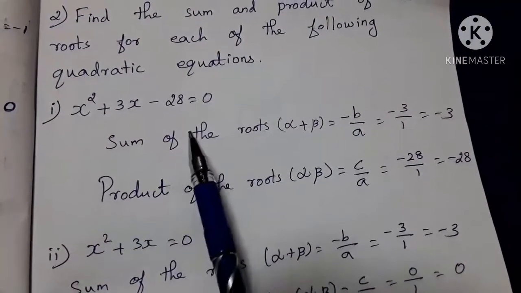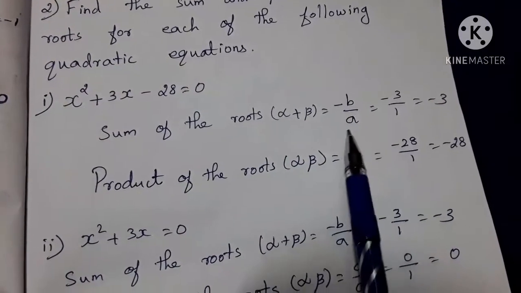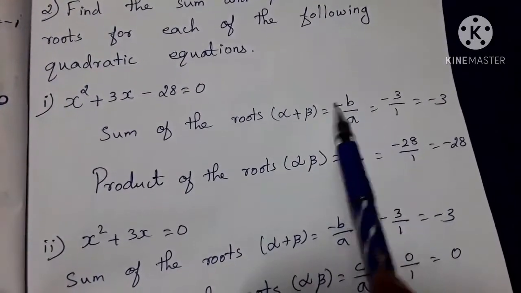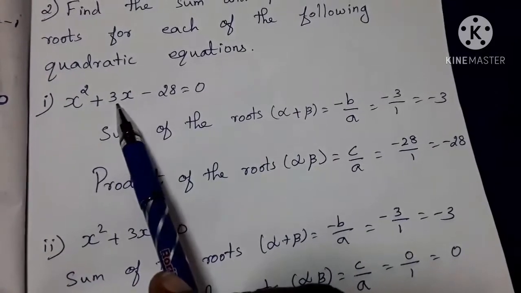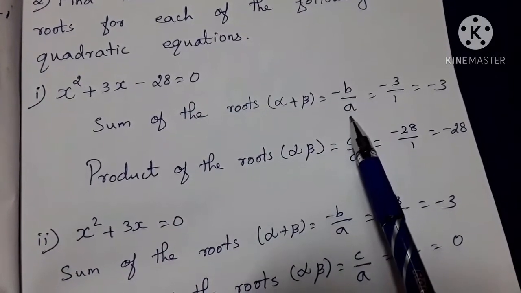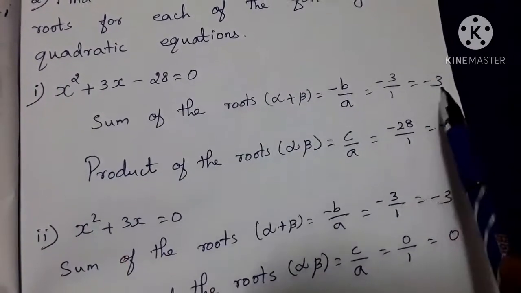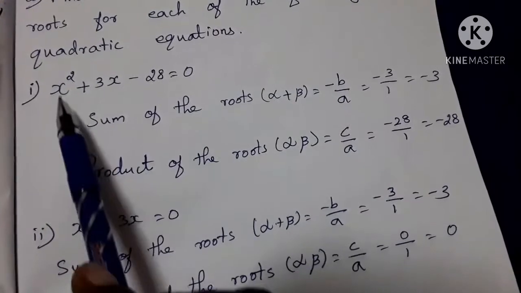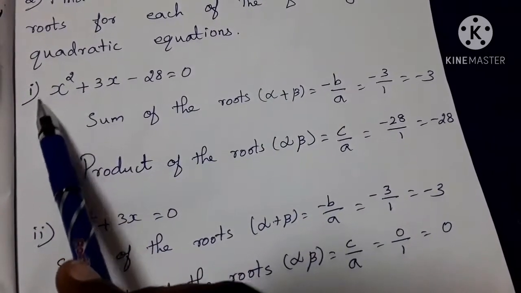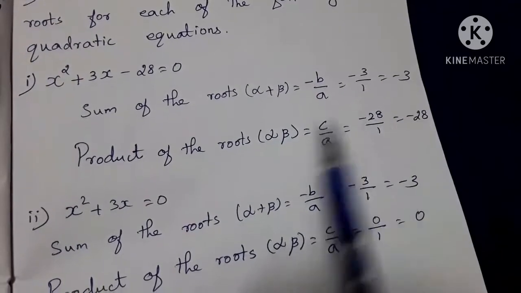I told you the sum of the roots formula is alpha plus beta is equal to minus b by a. Here b is the coefficient of x and a is the coefficient of x squared. The coefficient of x is 3, divided by the coefficient of x squared, which is 1. So minus 3 by 1 is minus 3.